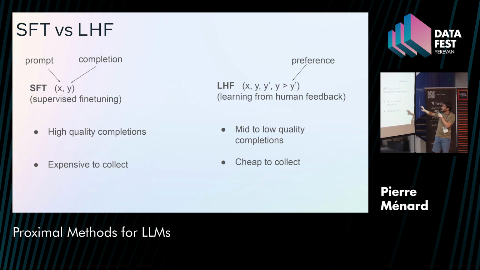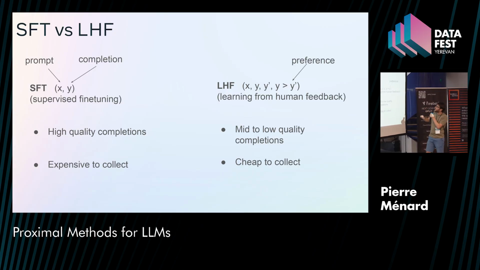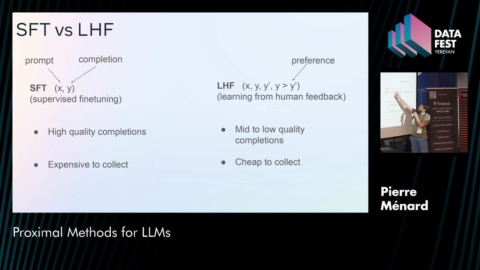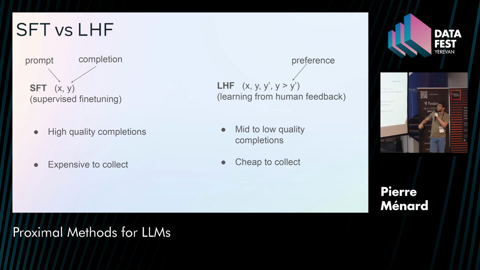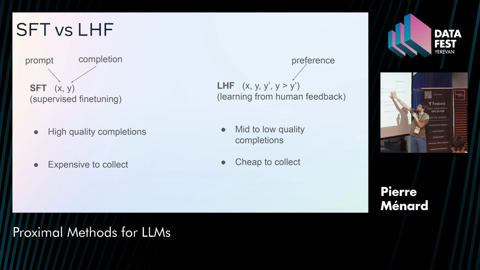On the other hand, for learning from human feedback or from preference, this time you have two completions and one preference, which says which completion is the best. And here you can afford mid to low quality for the completions.